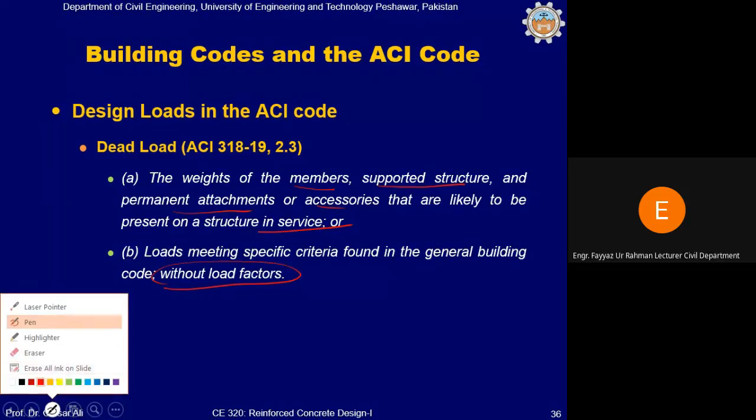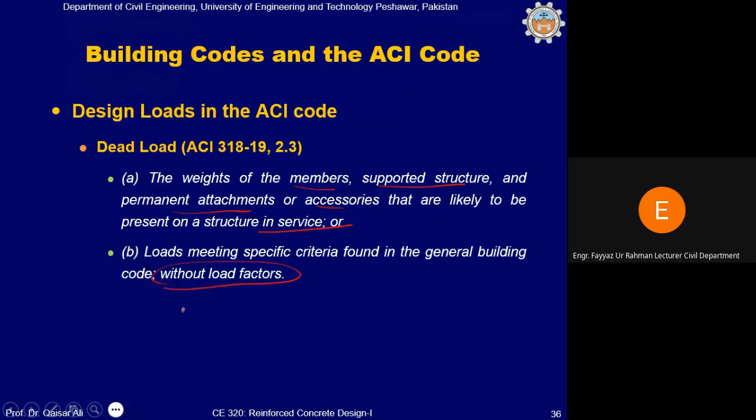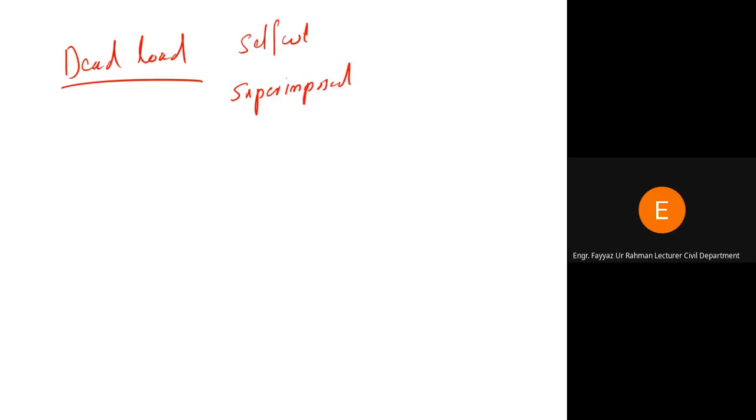There are two types of gravity loading. One is the dead load, and as I told you, dead load may be the self weight of the structure, or it may be any other superimposed load like permanent attachment.